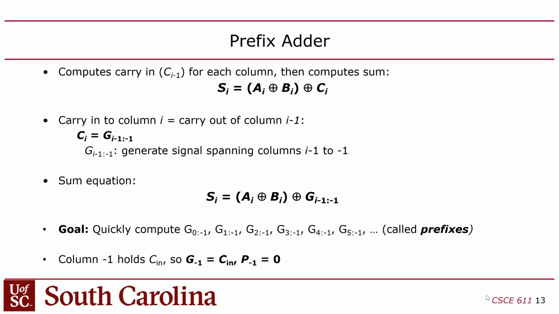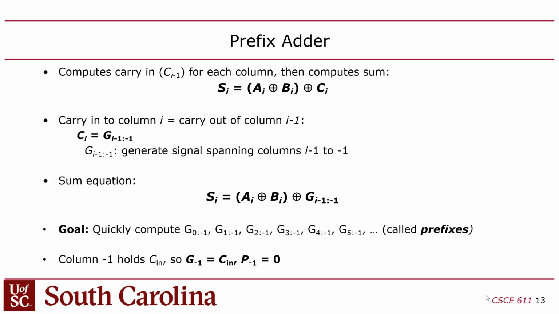The idea is that we want to quickly compute all of the generates we need to get up to that last bit I, or whatever bit, say bit 31. So we want to be able to calculate bit 0 down to negative 1, and then from this we can get 1 down to negative 1, and 2 down to negative 1, and 3 down to negative 1, so we can build it up.